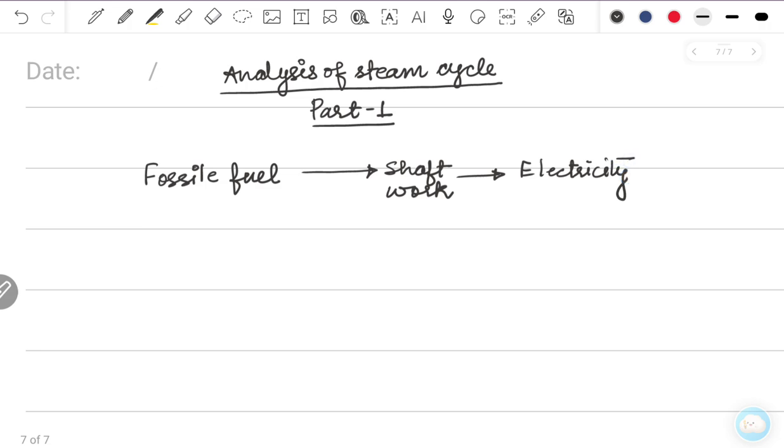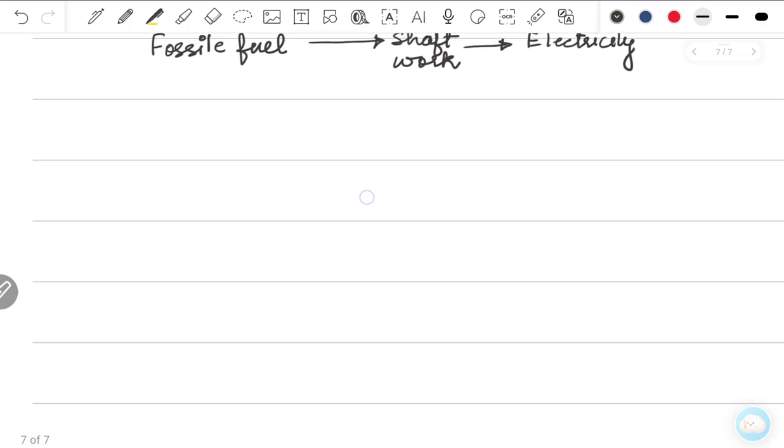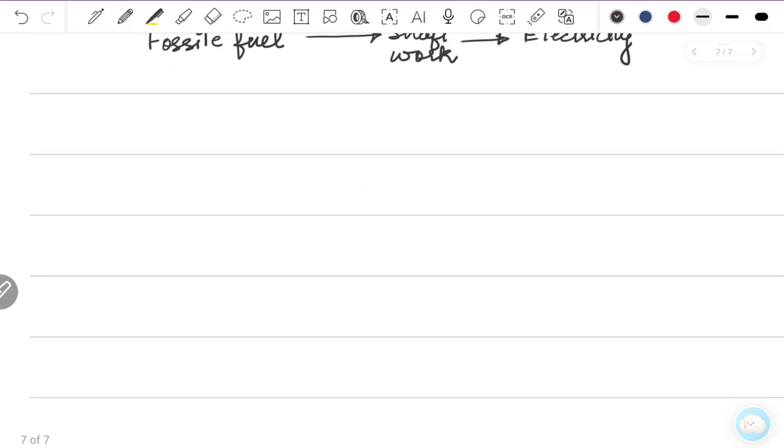So, in any power plant in general, you should have one furnace. Now what we do in the furnace, we supply air and fuel to it.